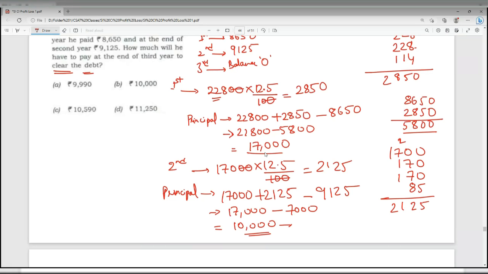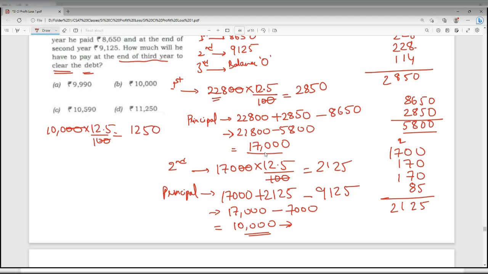Now they are asking how much he will have to pay at the end of the third year. At the end of the third year, he has to pay interest on this 10,000, at 12.5%. So 10,000 into 12.5 divided by 100 is 1,250.